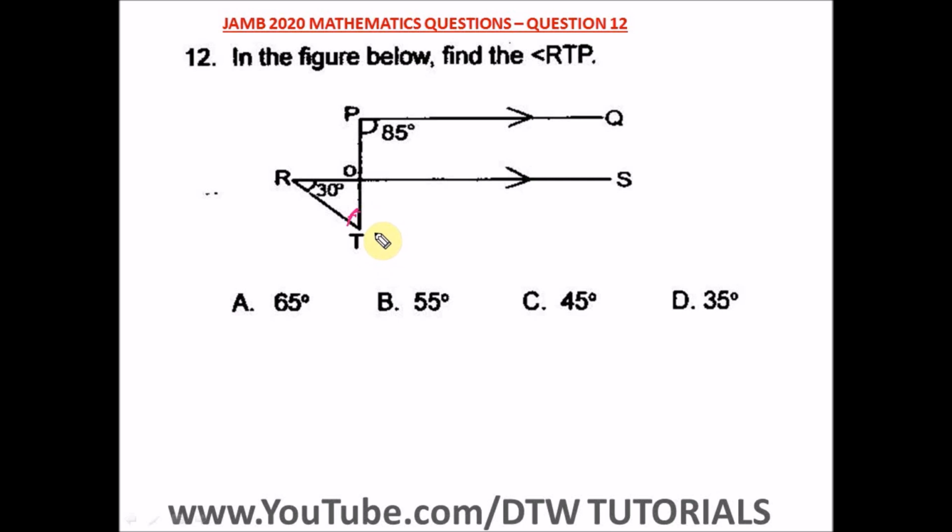And if you are conversant with your angles, you know your corresponding angles, your alternating angles, your supplementary angles, you are good and fine. So when we are dealing with alternating angles, we should look for a shape that resembles a Z, so that here will be equal to here, or if it's the other way around, here equals to here.